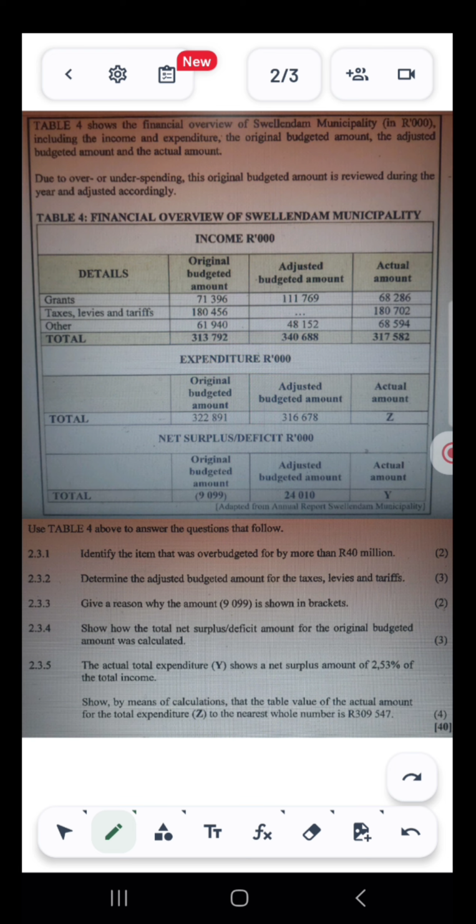The original budgeted amount, what we expected to spend, is 322,891,000, which was already over the expected income, right? And then it was adjusted to 316,678,000. Okay, but then the actual is not written, so somewhere we have to calculate it.